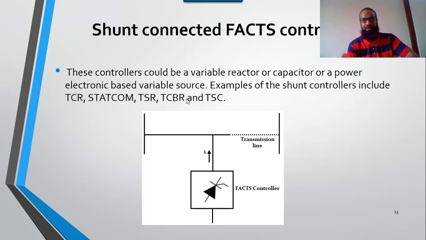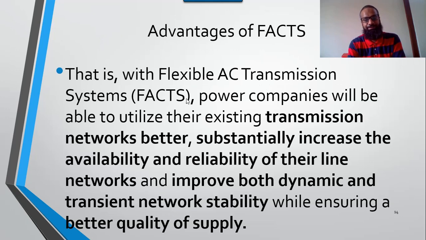But in the series-shunt controller, we use the shunt controller as the main component and the series component as the secondary component, and the main current is controlled by the shunt component. So the overall capability of the system is improved, but the cost of the system is decreased.